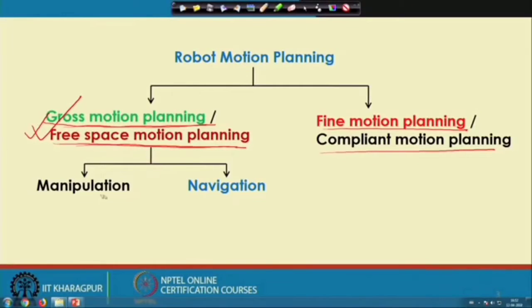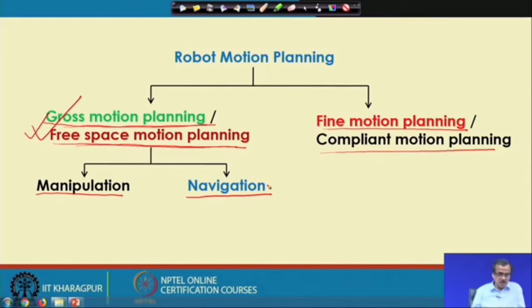Now, this gross motion planning or the free space motion planning can once again be subdivided into two parts. One is called the manipulation problem, another is called the navigation problem. The moment I am going to take the help of one serial manipulator just to write something on the board, that is called the manipulation task.